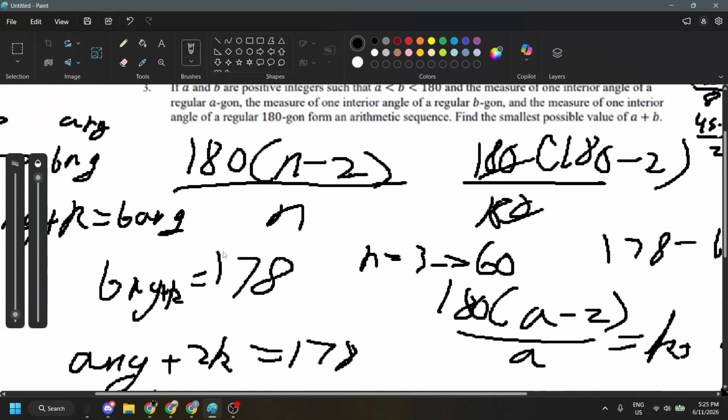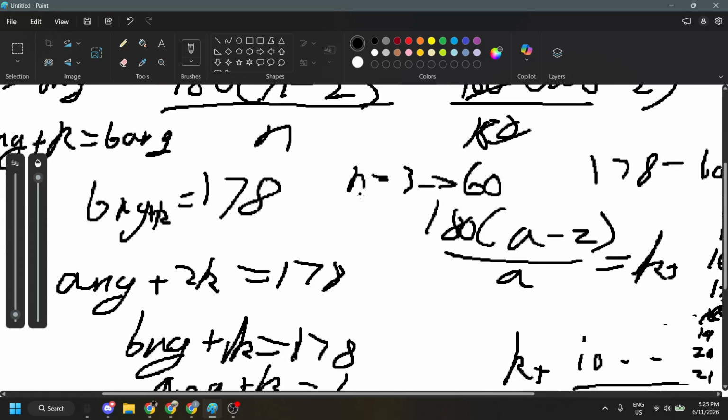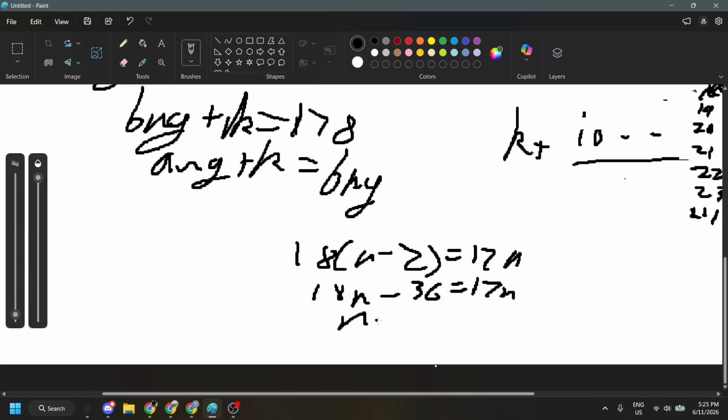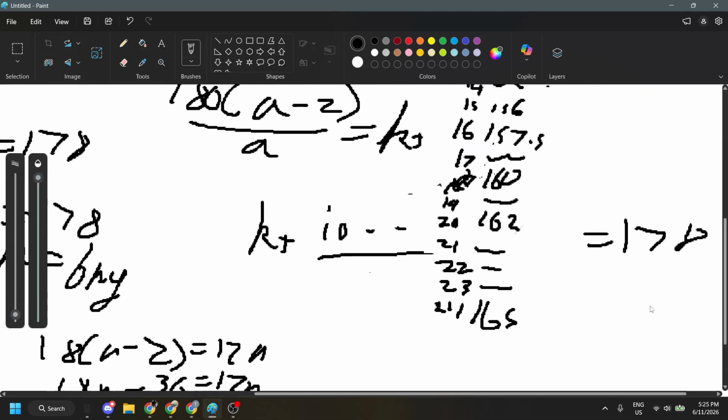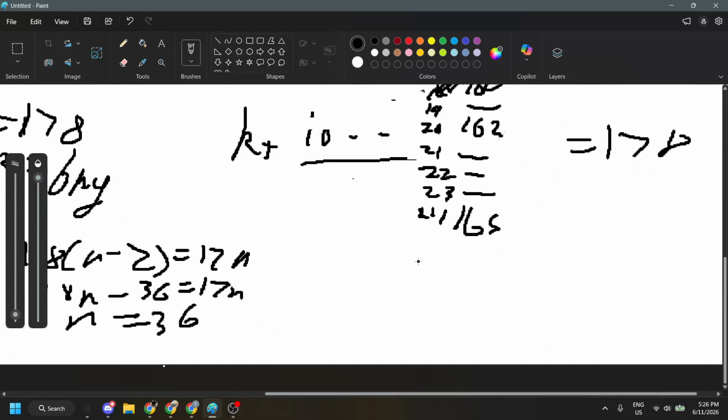It's getting so high, I might as well just say 170 is equal to this. So 18 times n minus 2 is equal to 17n. 18n minus 36 is equal to 17n. n is equal to 36. So that's what it is.